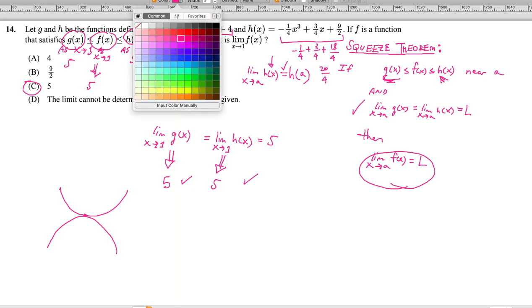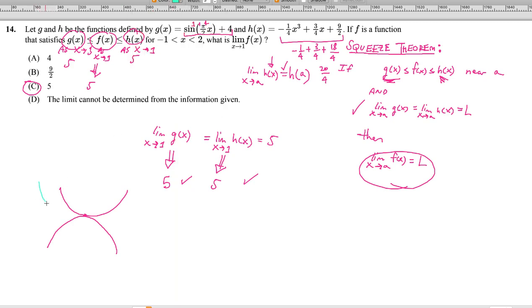That means if I find a function in between these two, something like this, then this blue function takes the role of f, this pink top function takes the role of h, and the bottom function takes the role of g. Along the x-axis, this value takes the role of a, or 1, or whatever it is.